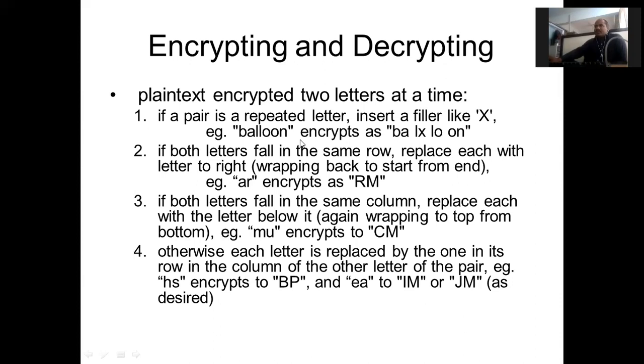Again we have LL, so these 2 letters repeat here. That's why we need to fill in a letter like X. So LX. The next one is LO, again ON. In that way we need to write the digram of balloon here.